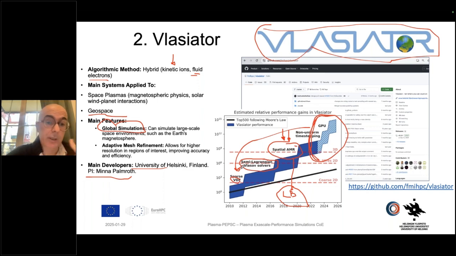For instance, you might want to use a hash map as the data structure for the VDF. So this is very intriguing, very exciting work that the Vlasiator team is doing.